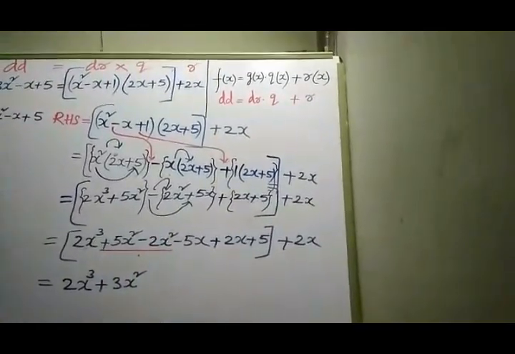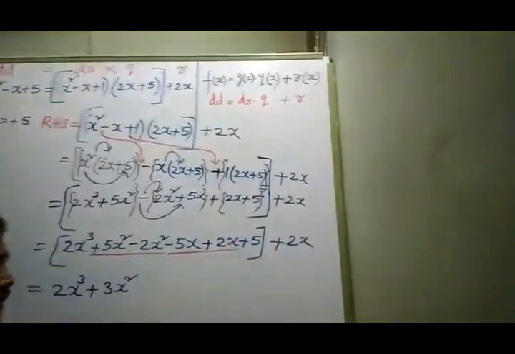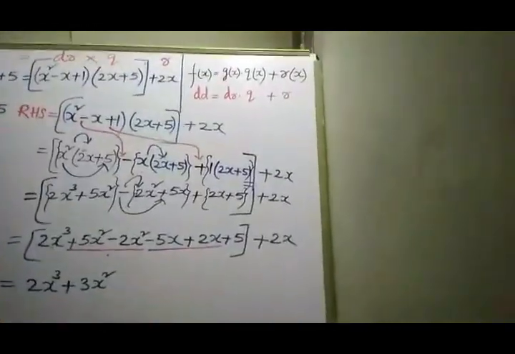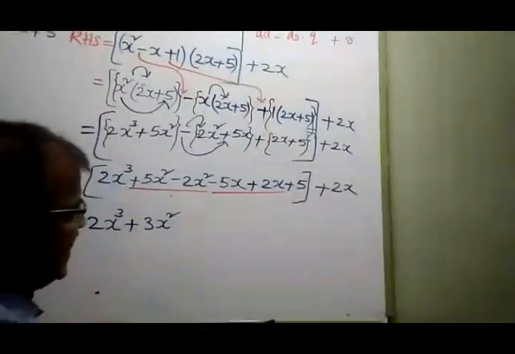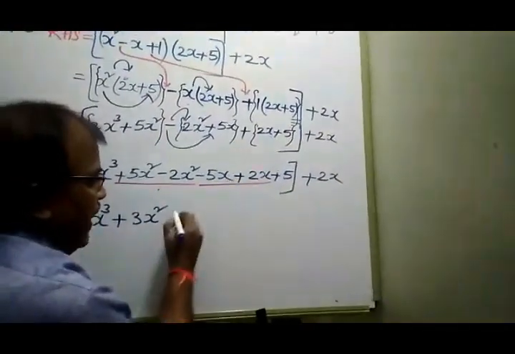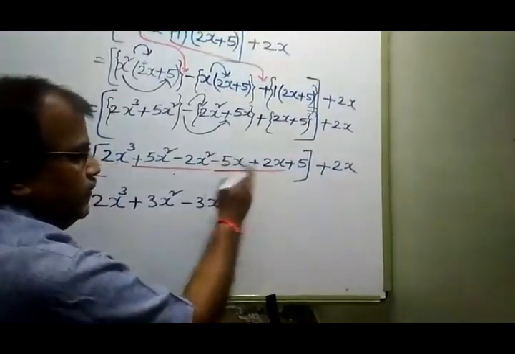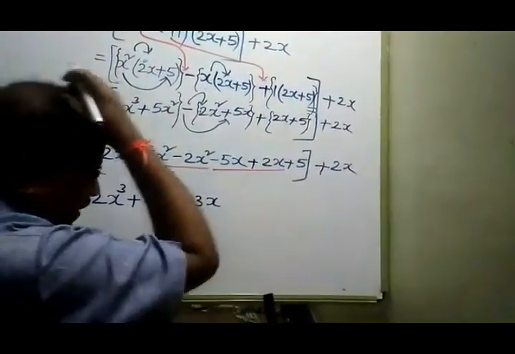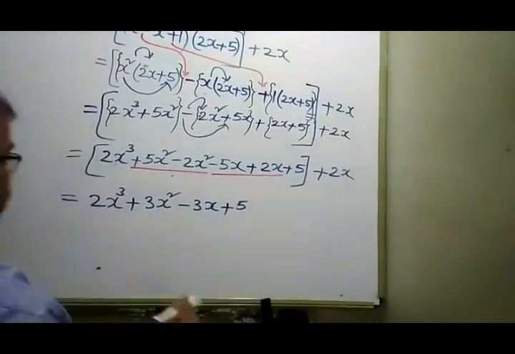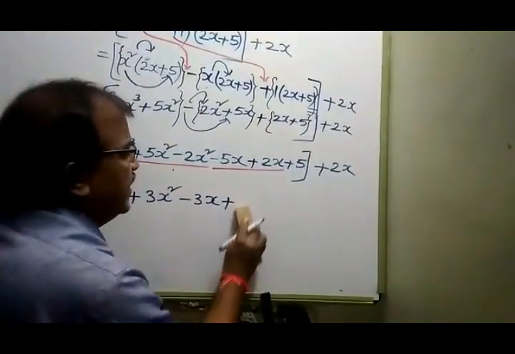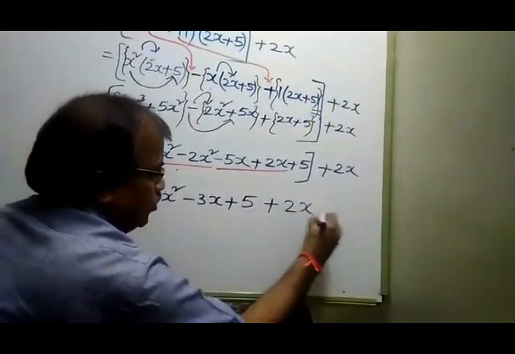Minus 5x plus 2x, same x family, is minus 3x. Plus 5. Break the bracket, plus 5, and plus 2x is there, I am writing the 2x.